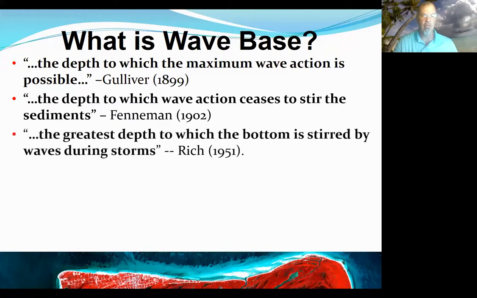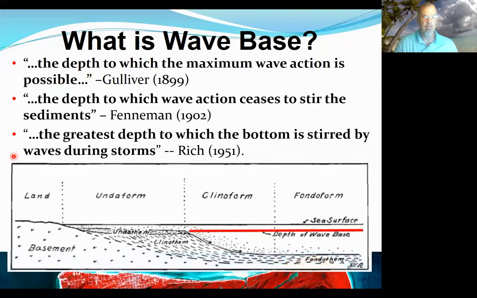And then John Rich, not big and rich John Rich, but maybe a distant relative. He was a geologist. He said, what's the greatest depth to which the bottom is stirred by waves during storms? And John Rich did a step. In addition to sedimentary implications, he said it has geomorphic significance. He was actually the gentleman who came up with the notion of clinoforms. That's where the term clinoform came from, his 1951 paper.